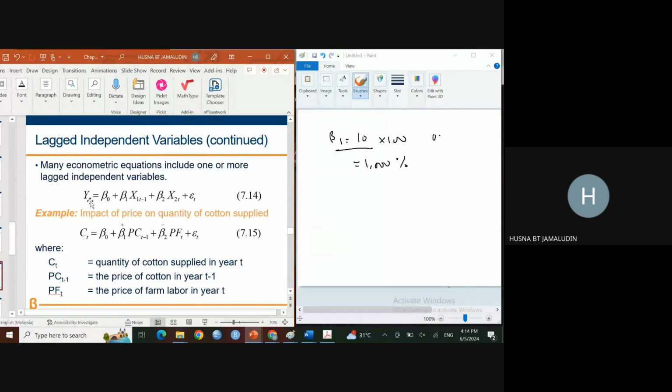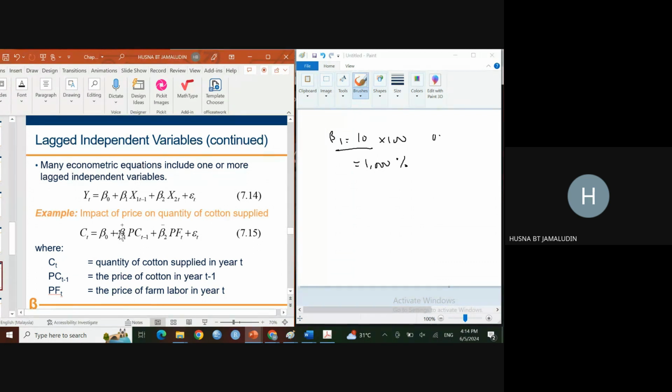So if your t in the y is year 2023, then t minus 1 is 2022, the last year. If t minus 2, it is 2 years before, the previous 2 years. And then you have the other variables.